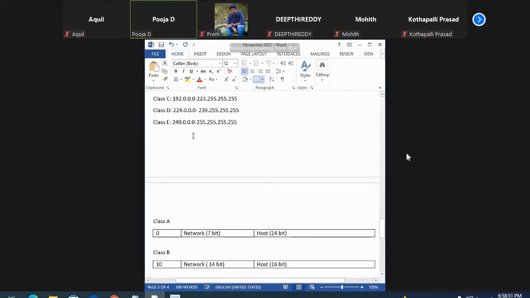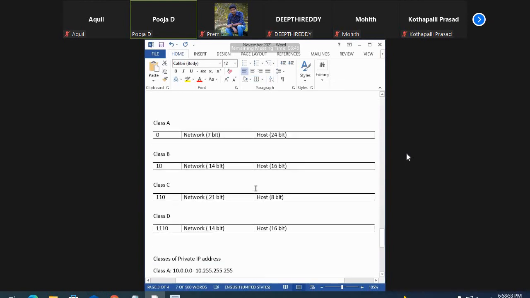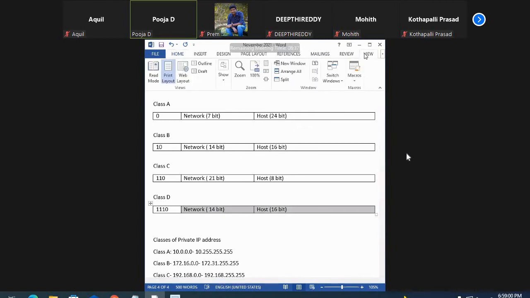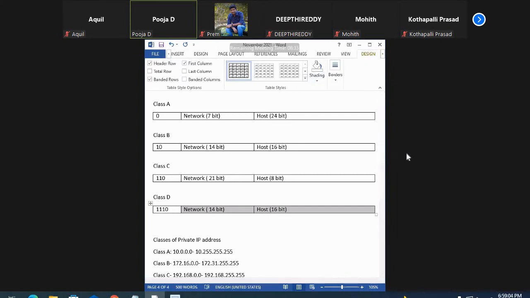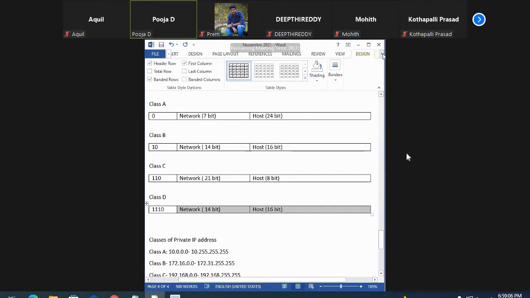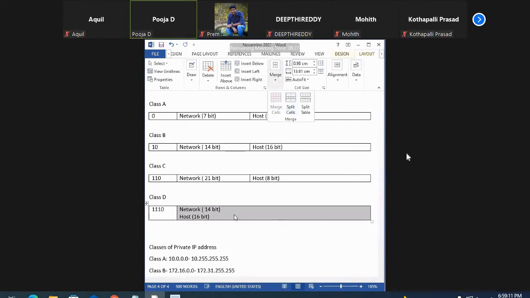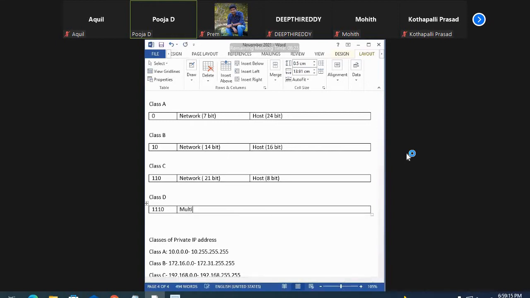This is not utilized for hosts; it is generally utilized for multicast networks.